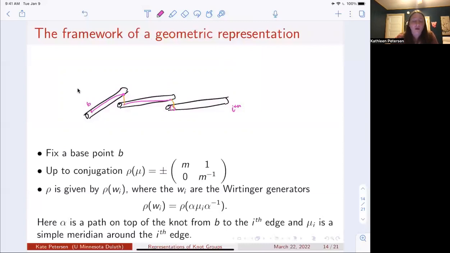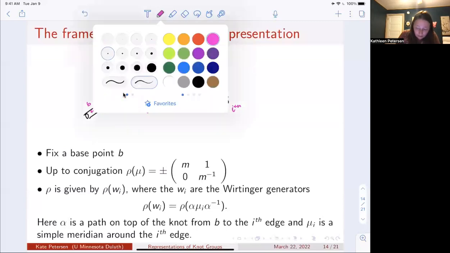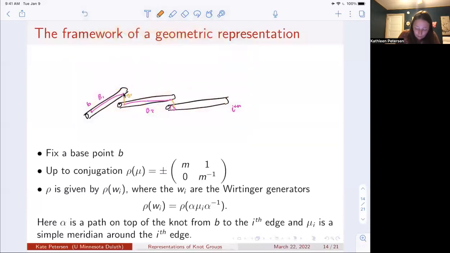Okay, so rho of this ith Wirtinger generator in this case would come from a lift of this, let me call it beta 1, beta 2, and here I have gamma 1 and gamma 2. And I'm going to call this little meridian there mu2.